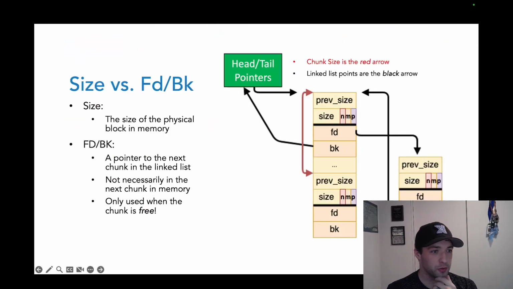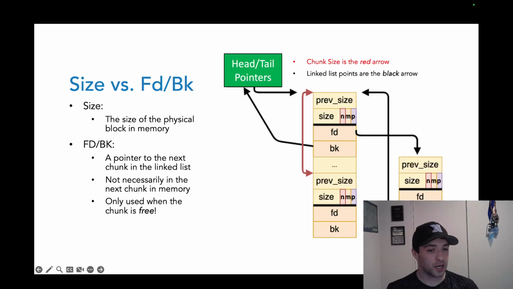I think this diagram is really helpful. It's really hard to visualize the difference between FD and BK and the size. So the size is the actual size of the contiguous chunk in memory. Notice that here, the size represents this entire red arrow. So it's going ahead of this chunk in actual memory. While the FD and BK have nothing to do with the actual size, they're just linked lists.